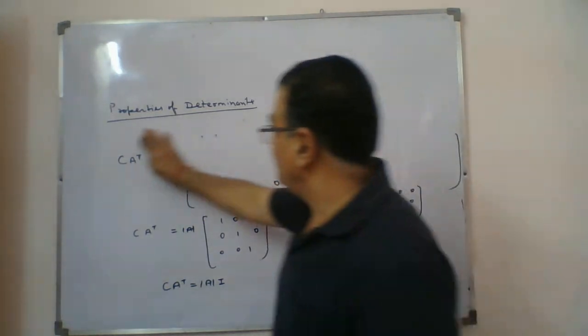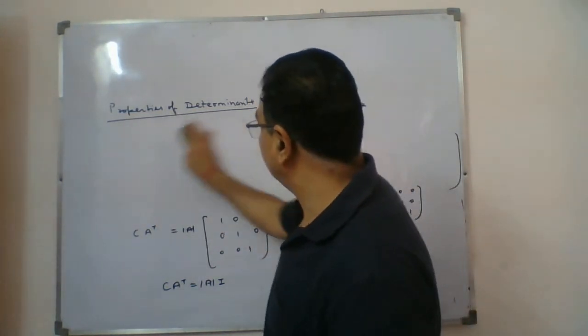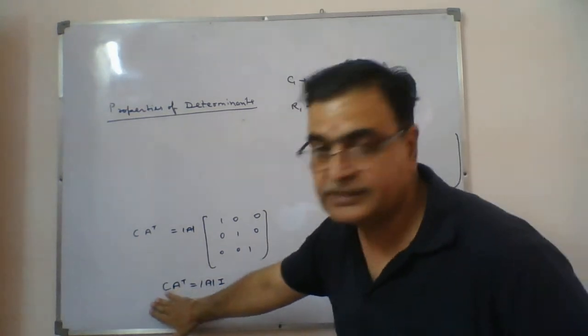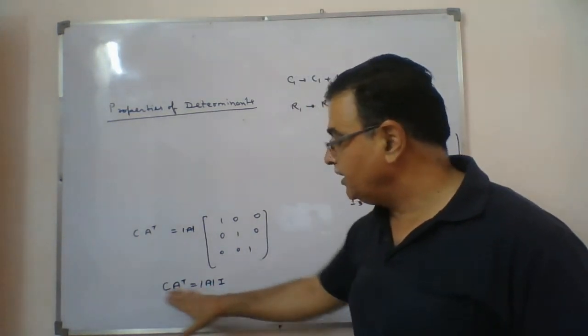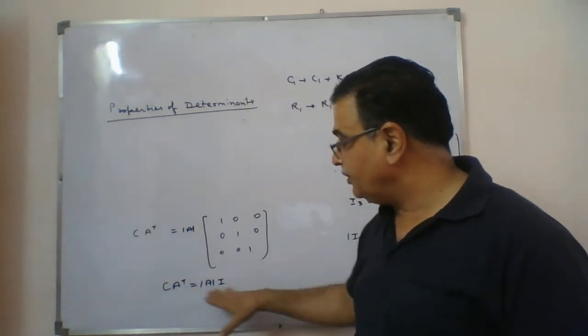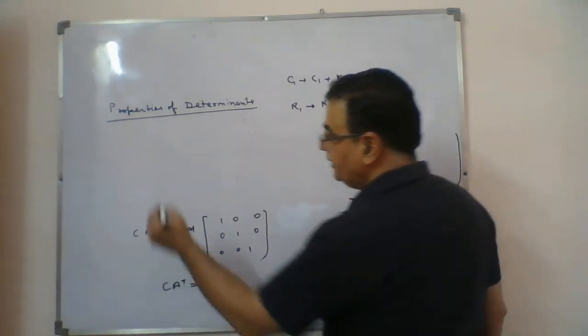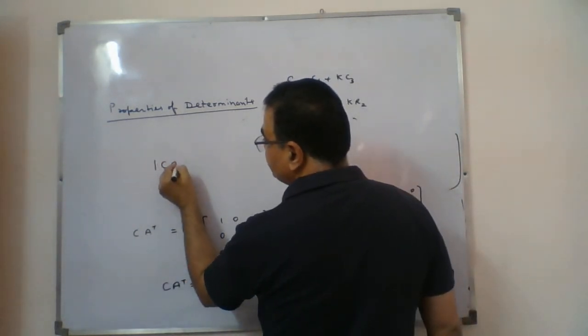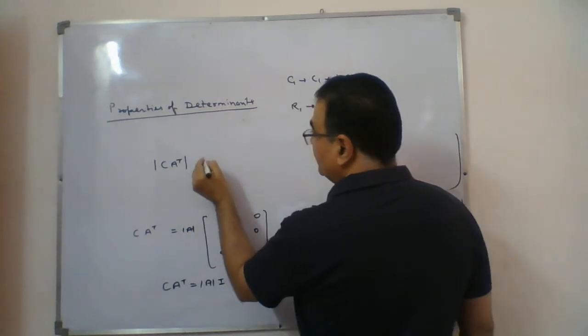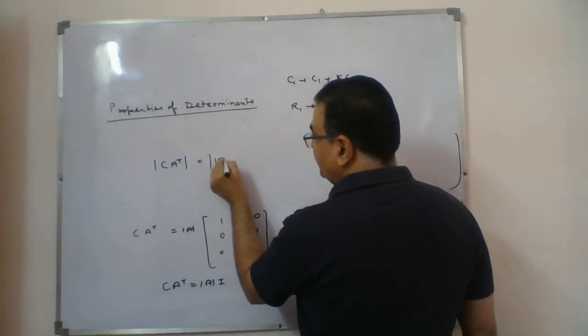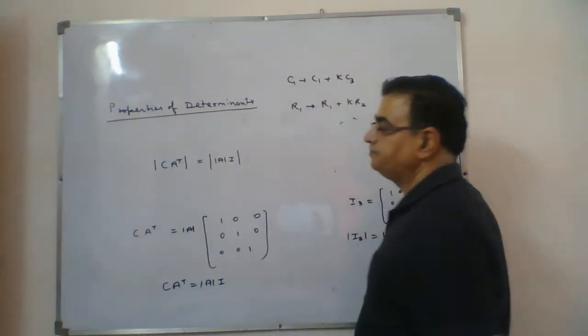Now I'm taking the determinant on both sides. So when I take the determinant on both sides, it will come: determinant of C A transpose is equal to determinant of determinant A into I.